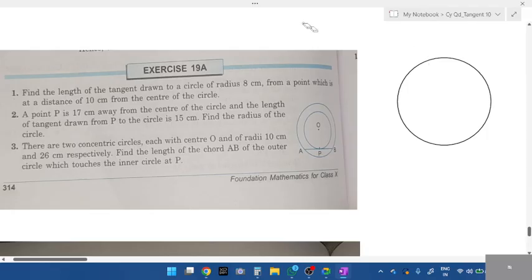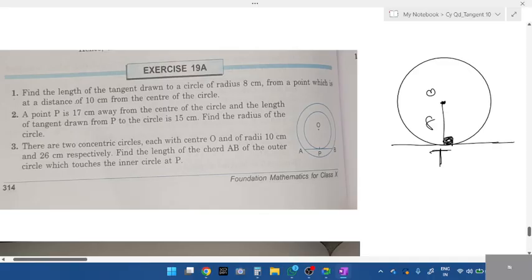If the tangent is not given, let us draw it straight and flat, like this. And join the radius from the center. What is the angle formed? 90 degrees. O, and let me take T.